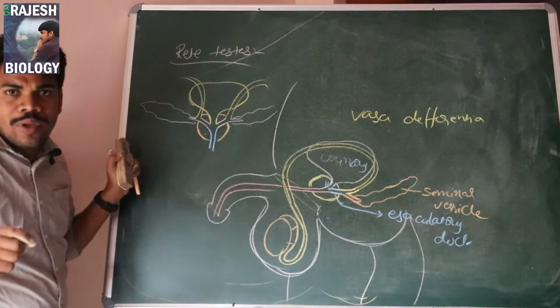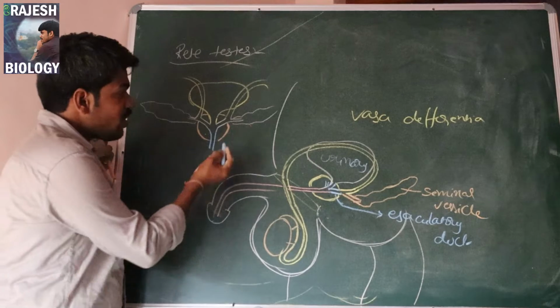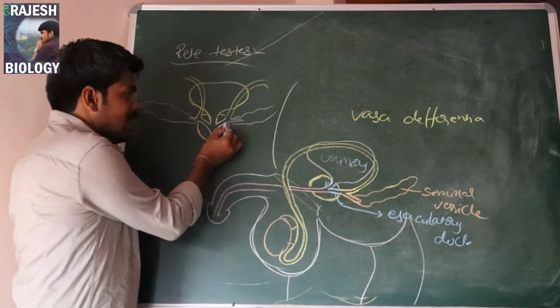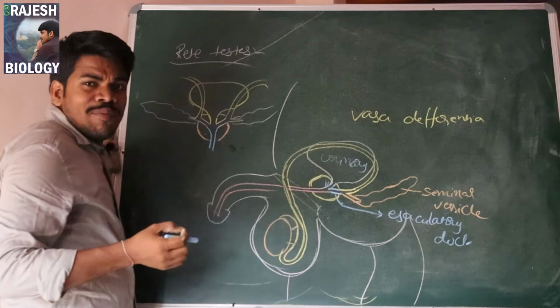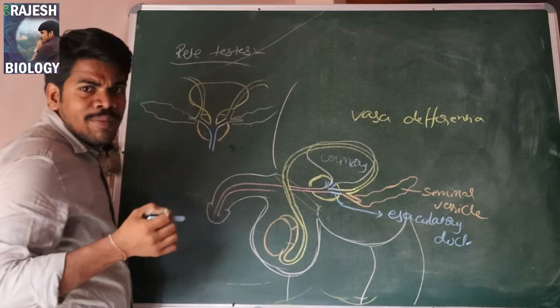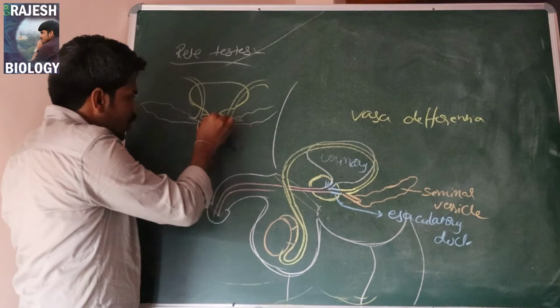Okay, now a very important point. The point which is mentioned in the textbook is that the ejaculatory duct enters into the prostatic gland, and in the middle of the prostatic gland, it merges with the urethra.